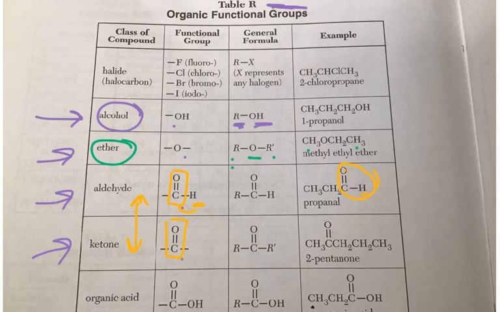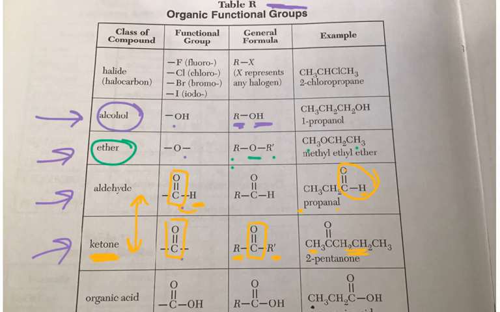Remember, we said we don't have to put a number for aldehydes because it's always at position 1. Ketones, on the other hand, have the carbonyl group also, but on both sides of that carbonyl group you have carbons, okay? So the carbonyl group is sandwiched between carbons on both sides. So that gives you a ketone.